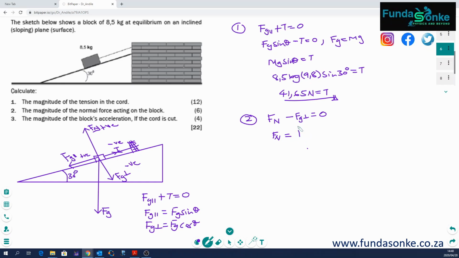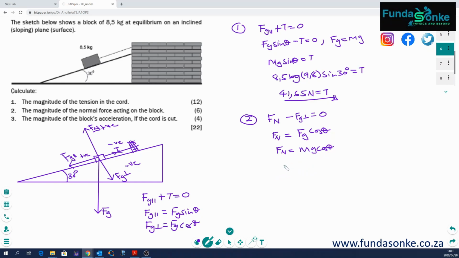So Fn is equal to Fg cos theta, such that our Fn is equal to mass times gravity cos theta degrees.